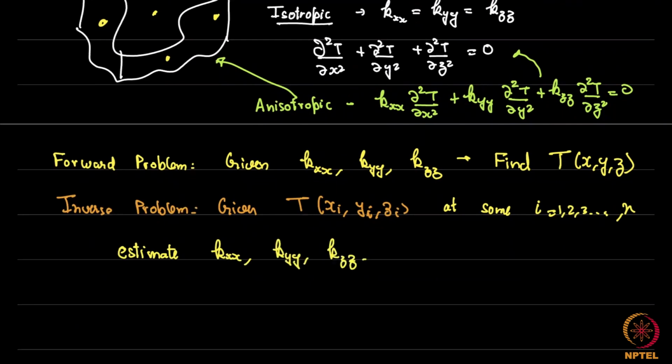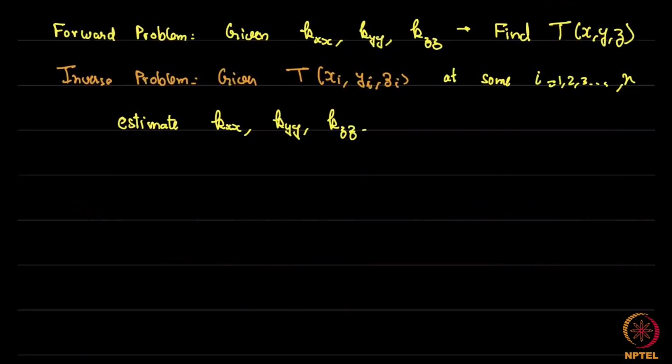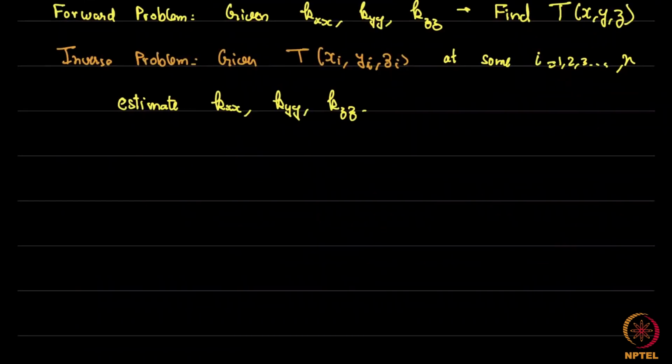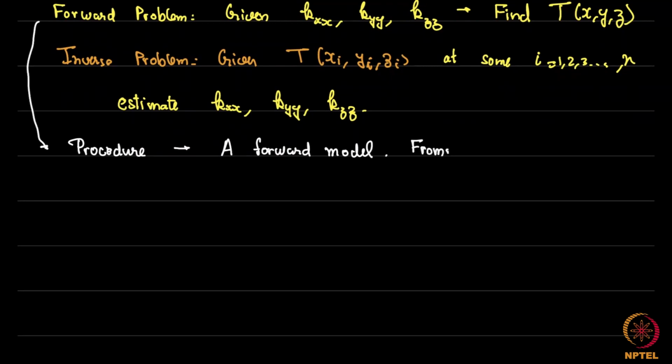Okay. Now, how would one go about this? So the normal procedure will require us to have a forward model. What is this forward model? The forward model solves the forward problem. That is, from Kxx, Kyy, Kzz, find T at x, y, z.